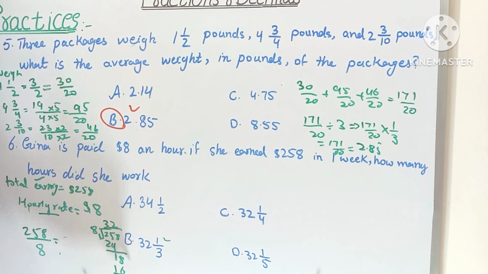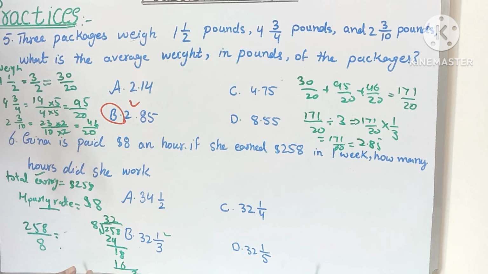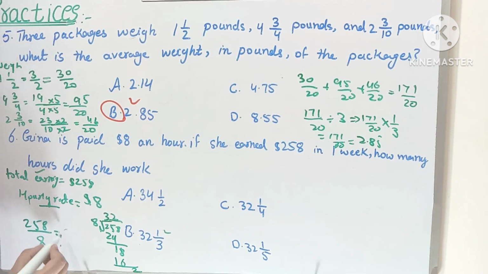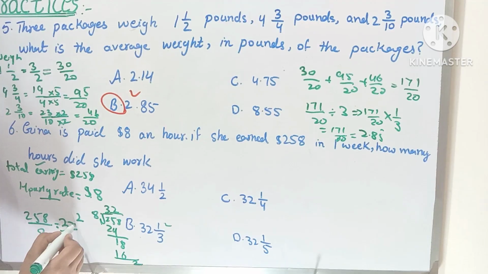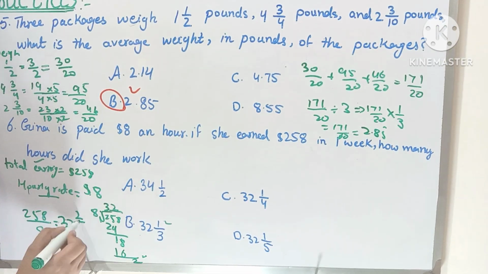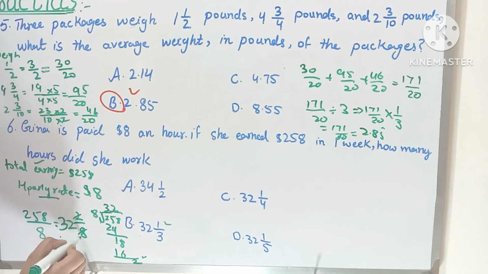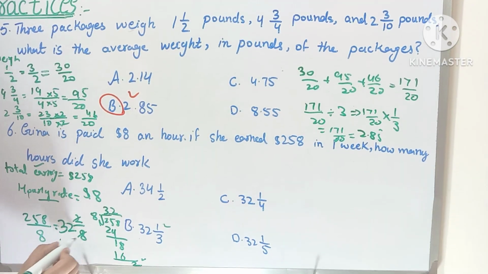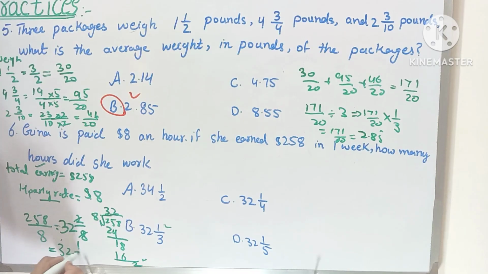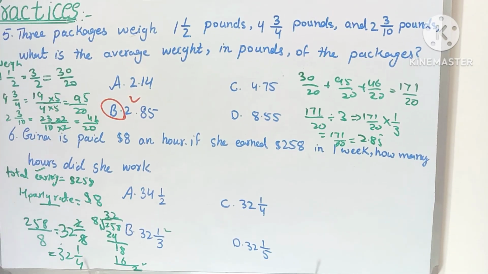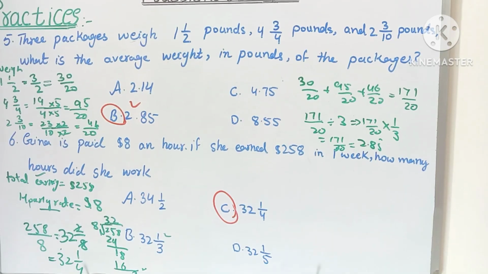Remainder is 2. So 32 as a whole number, and the remainder 2 as the numerator and 8 as the denominator. Dividing both by 2, we get 32 1 by 4. My option is C. It corresponds to option C, 32 1 by 4.